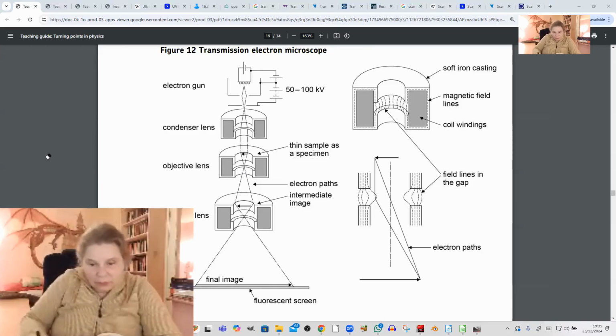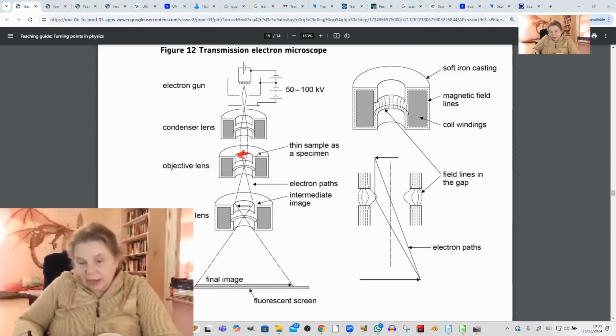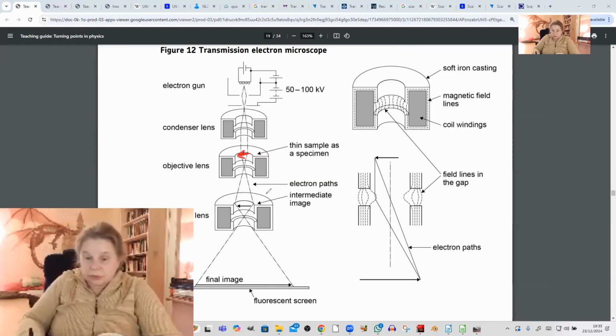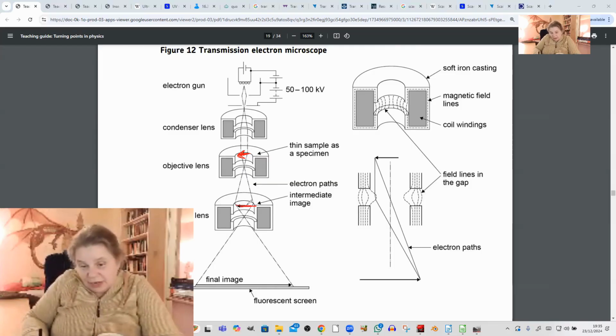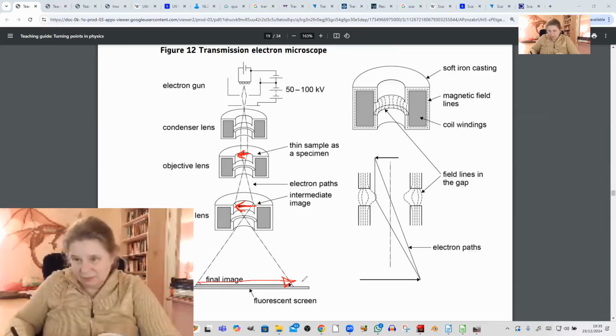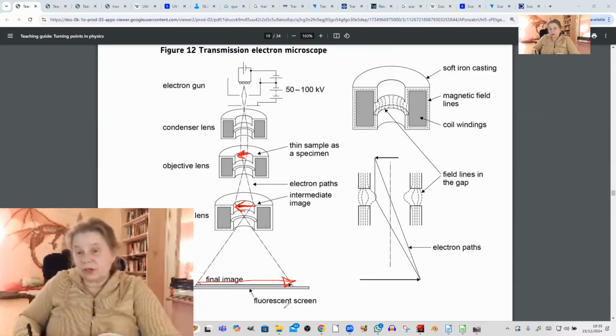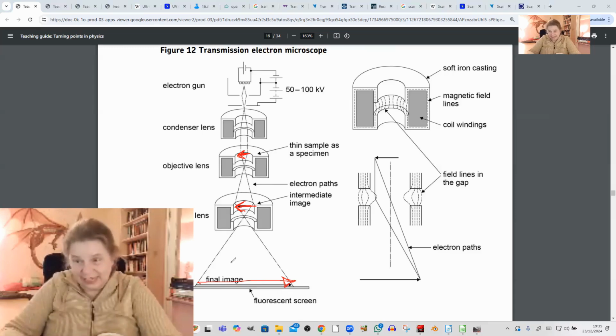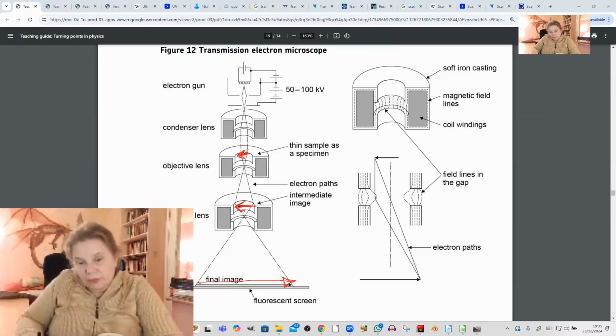Can you see that they've drawn it as an arrow facing that way, and the electrons produce an intermediate image there, and then a final image on the fluorescent screen. In most modern microscopes now, the fluorescent screen is replaced with a CCD, and so you can collect your image and store it.